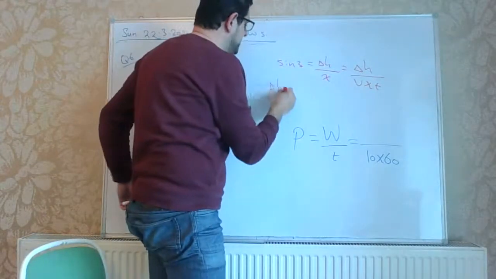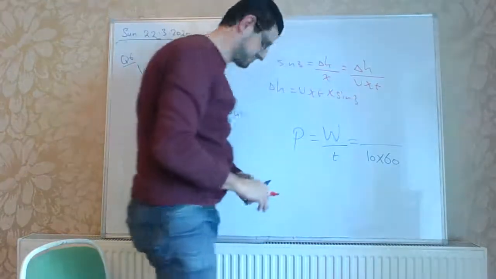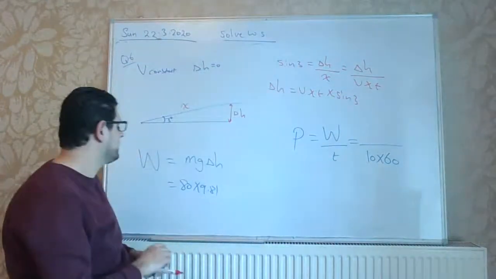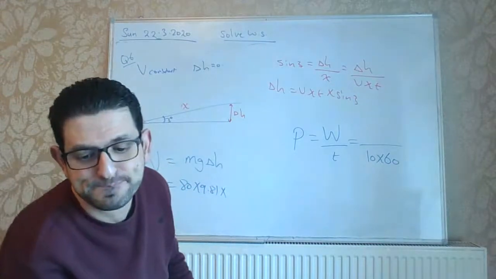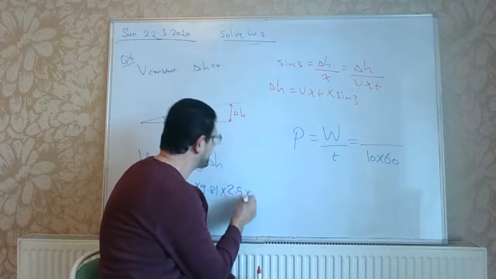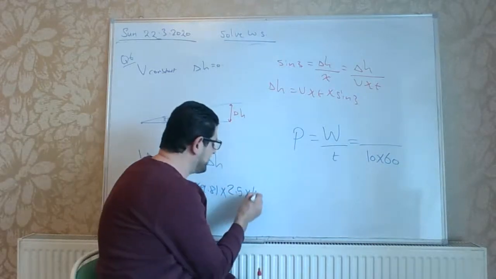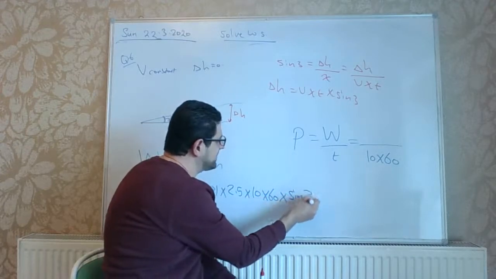So delta h is the speed times time times sine 3. So how much was the speed? 2.5. The time is 10 minutes. Sine the 3.